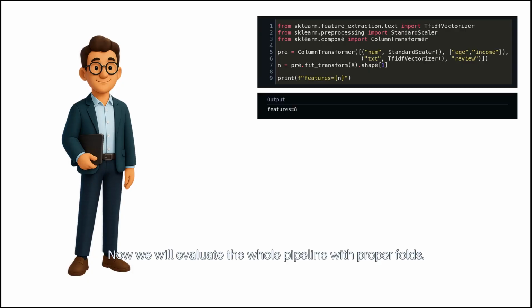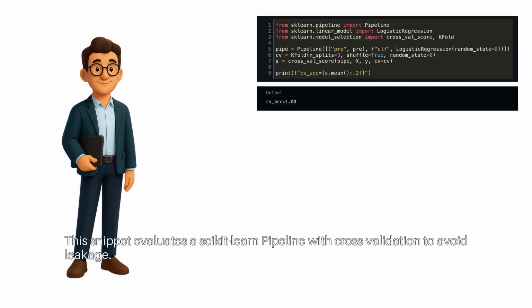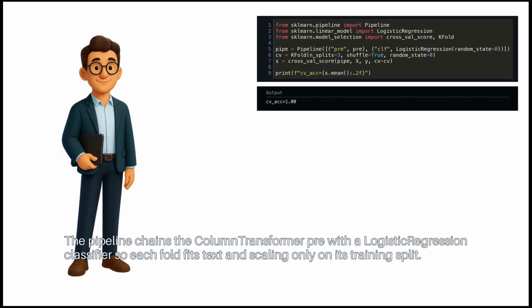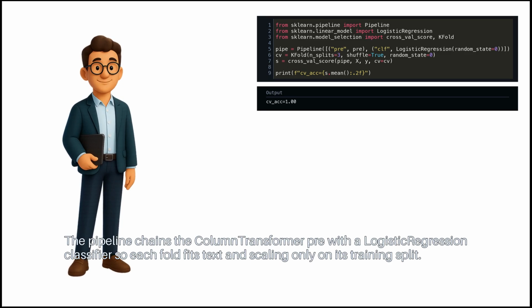Now we will evaluate the whole pipeline with proper folds. This snippet evaluates a scikit-learn pipeline with cross-validation to avoid leakage. The pipeline chains the ColumnTransformer pre with a LogisticRegression classifier, so each fold fits text and scaling only on its training split.